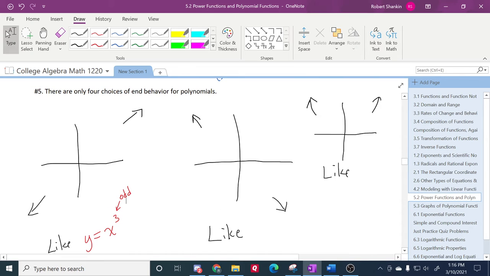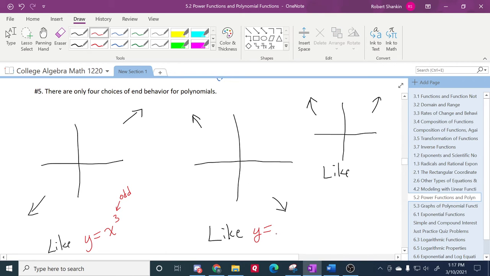Now, you might get it like this, where on the far left, instead of going down, it goes up, and on the far right, it goes down instead, so it's kind of the reverse of what this is. Can anybody tell me what would be an example that would do this kind of end behavior?